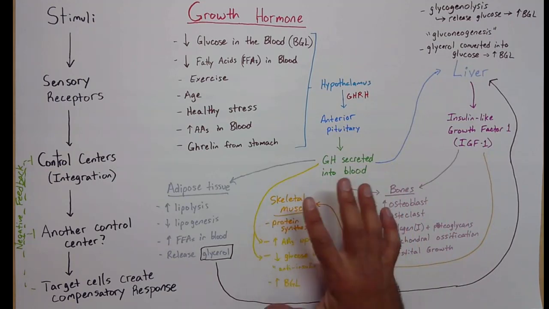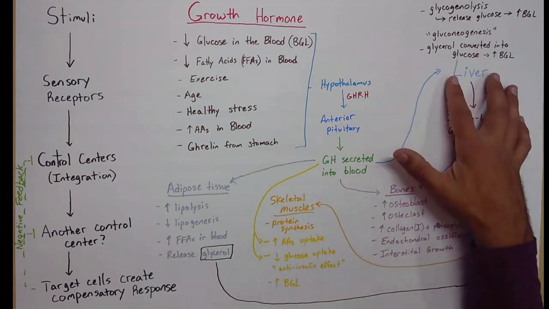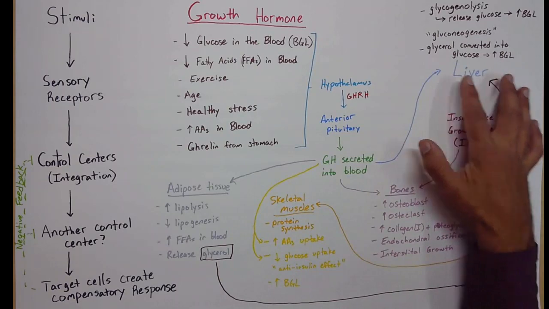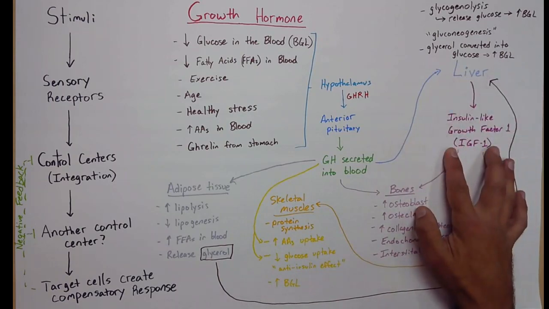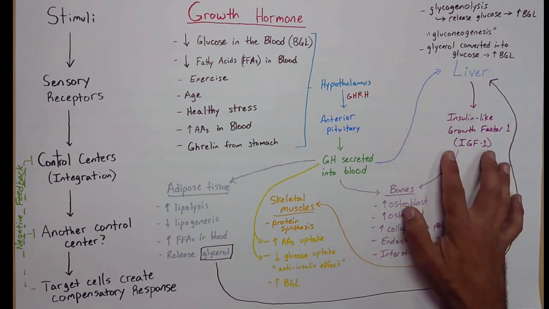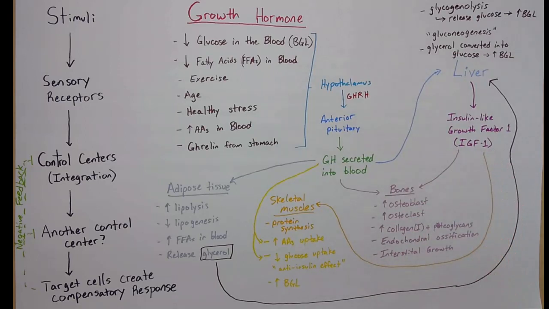Growth hormone enters the blood. Blood goes everywhere. One of the locations the blood goes to is the liver, and the liver is going to secrete IGF-1 in response. IGF-1 is a powerful growth stimulator. It's an anabolic hormone that's going to go around and try to build things.